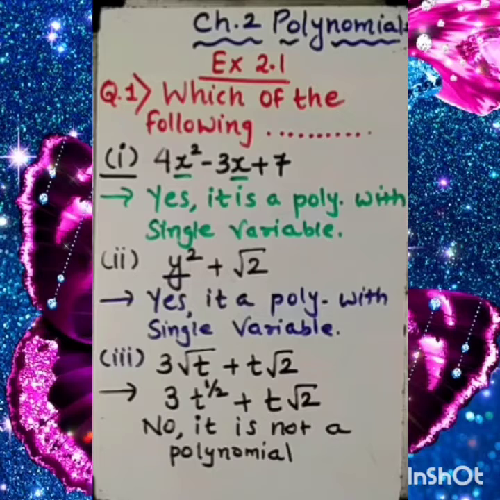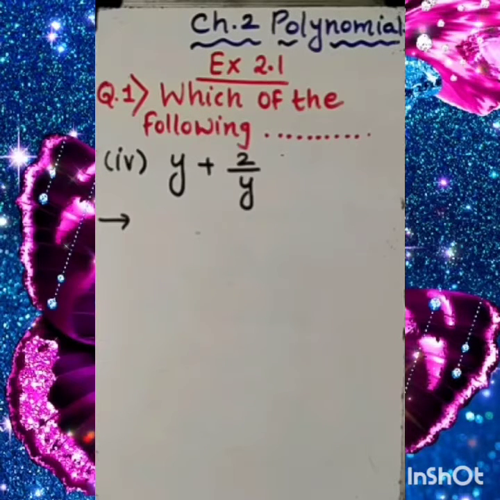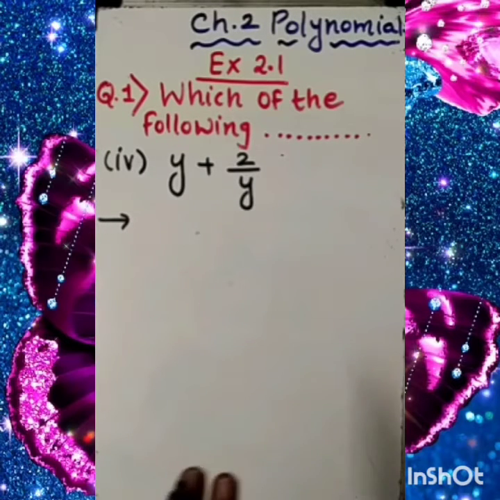Okay, dear students, let's continue with question 1. It's the fourth part of exercise 2.1. Here we are given y plus 2 by y. Before we decide whether it is a polynomial or not, we need to write it in a proper, general form.